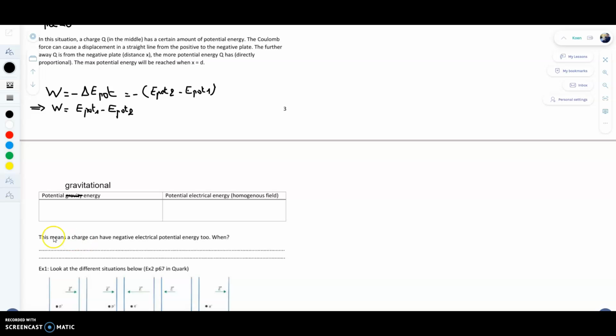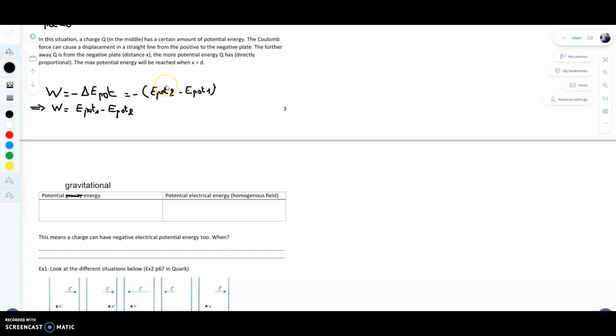Now, last year you will have learned that if you make a displacement, you have work. Work is the negative change in potential energy. Now this might be weird, but traditionally a difference in potential energy is the potential energy it has at the end of the displacement minus the potential energy it had at the beginning.